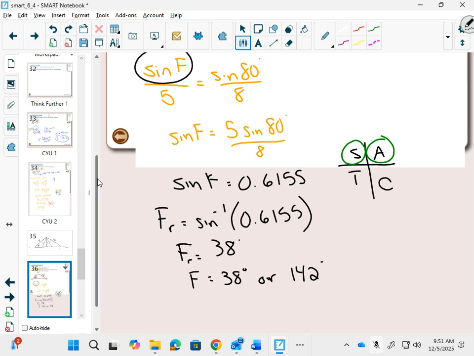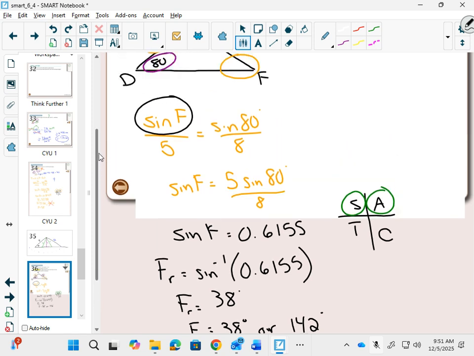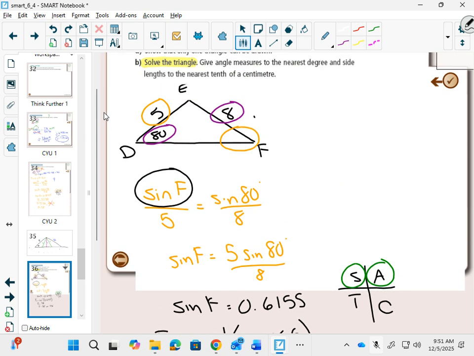Now, we already said only one triangle is possible. Can you see that 142 is impossible? Because it would make your triangle add up to more than 180 degrees. Not ever possible. Can there be negative angles? Not in triangles, but in reality, yes.